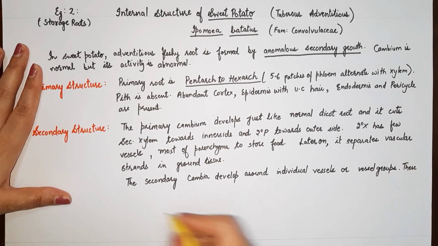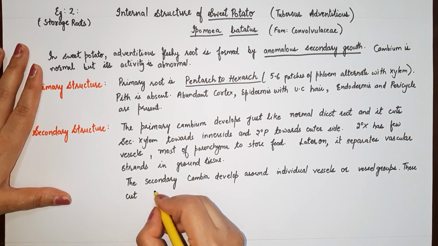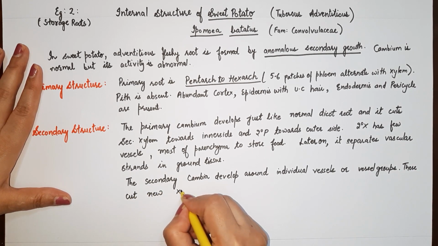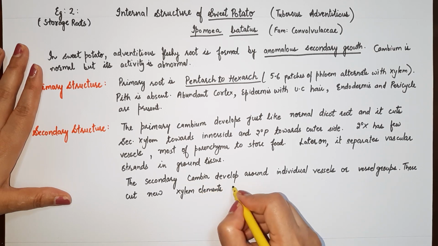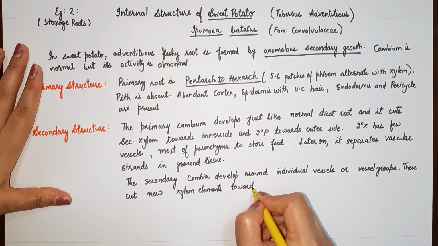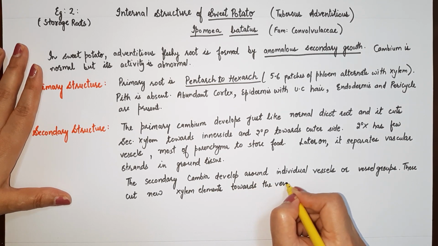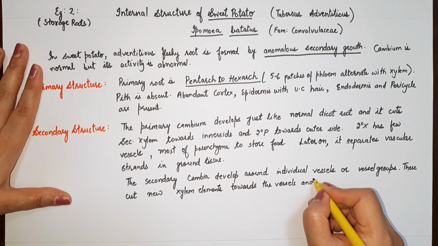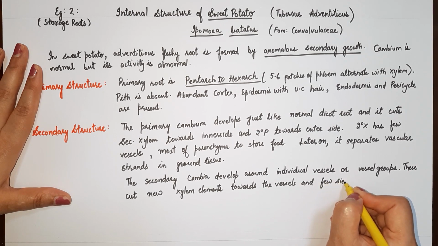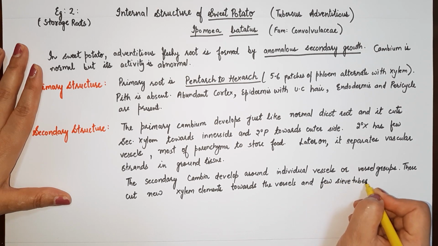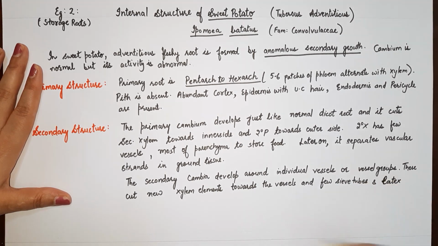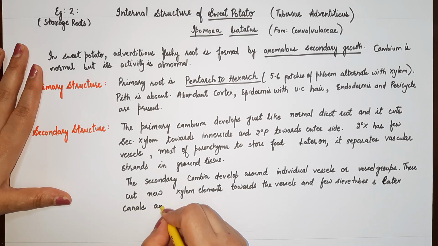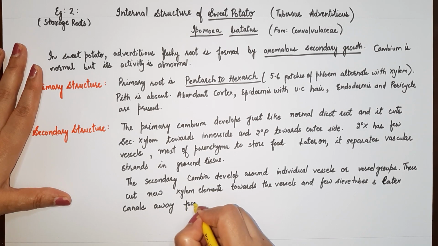These cut new xylem elements towards the vessels and few sieve tubes and latex canals away from vessels, means outside the cambium.